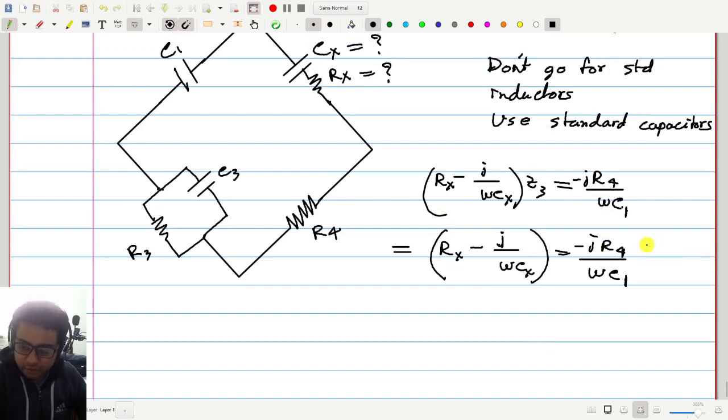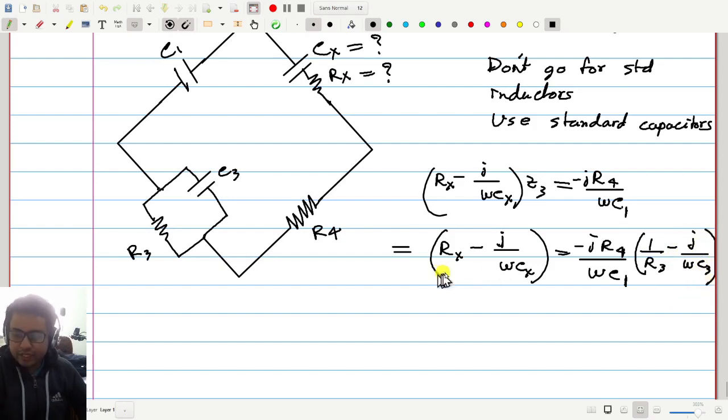Now this is multiplied with Y3. In place of Y3, what do I write? 1 by R3 plus j omega C3. Now you can easily equate the real part to real part and the imaginary part to imaginary part.